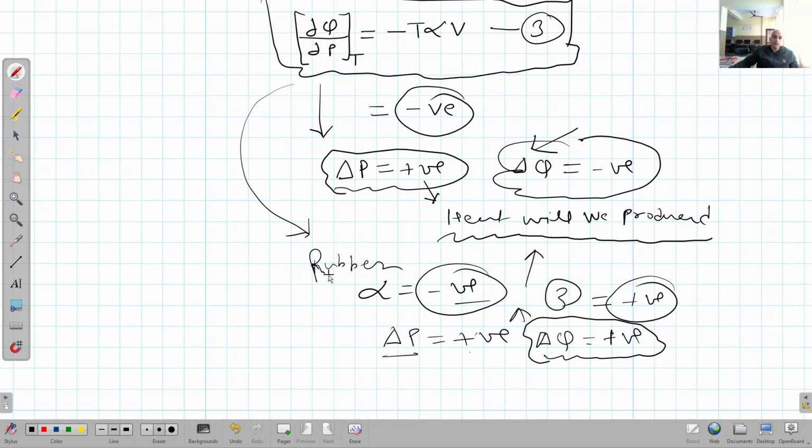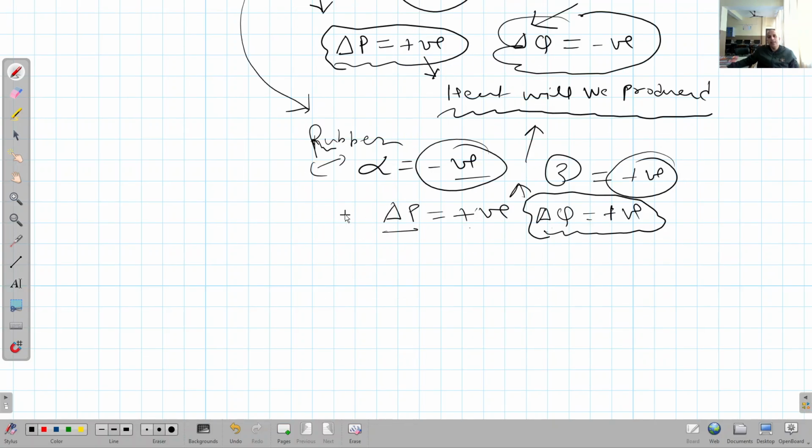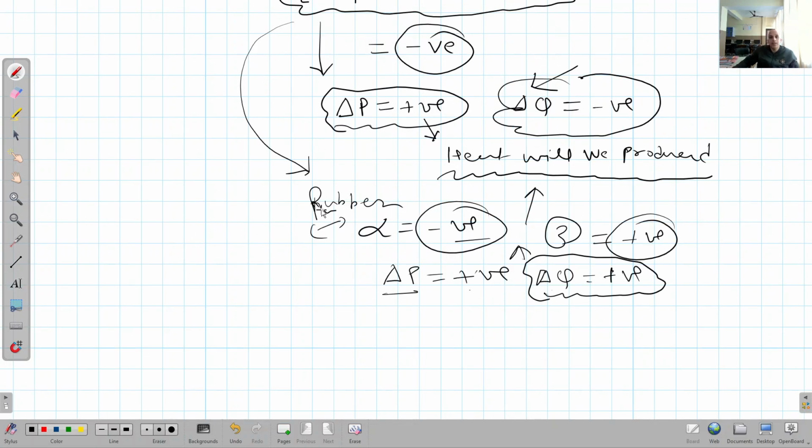This is the reason why the material expands on heating and contracts on heating, and what happens when we apply pressure on those materials. So all these things are explained on the basis of equation number 3, right? Now we can make even further interpretation of this equation number 3.